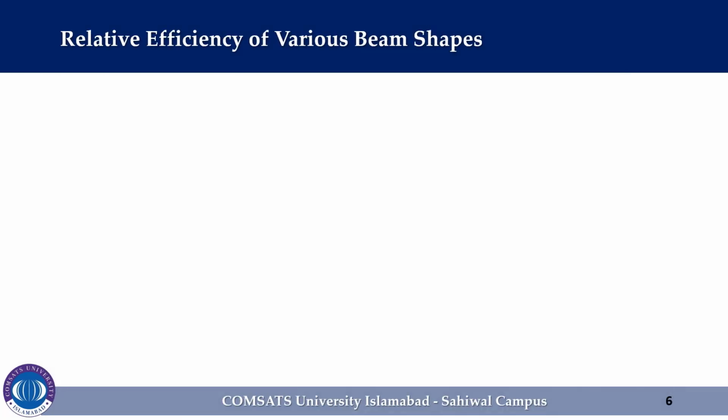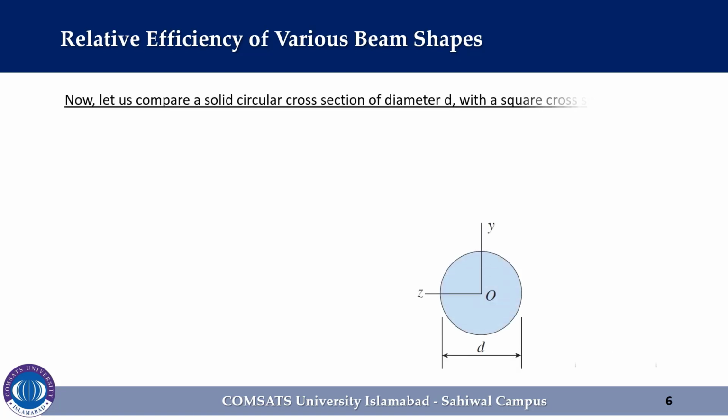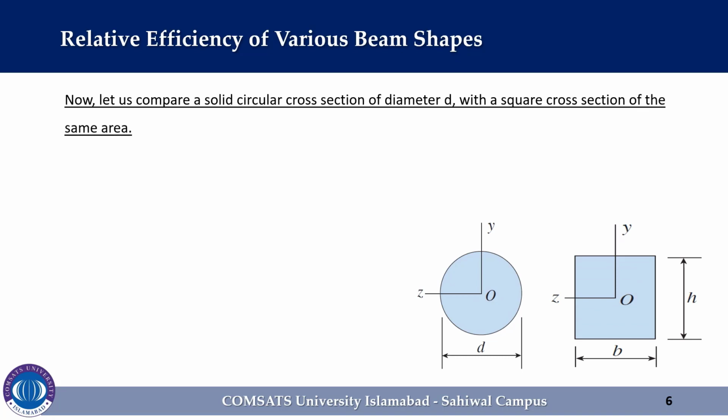Now let us compare a solid circular cross-section of diameter d, as shown in the figure here, with the square cross-section of the same area. The side edge of a square having the same area as the circle is written as d by 2 under root pi. However, the corresponding section moduli can be expressed as, for the case of the square, h cube over 6.